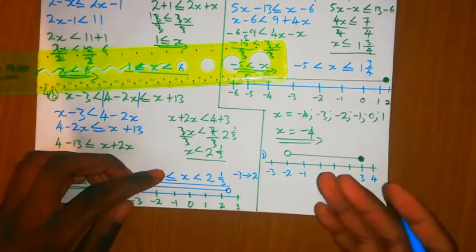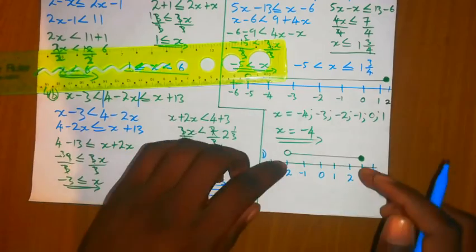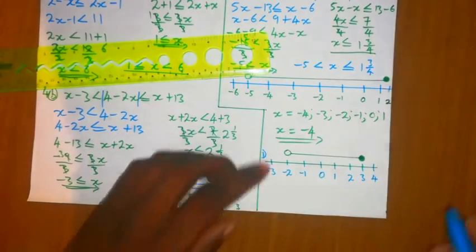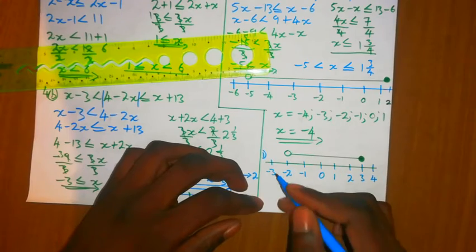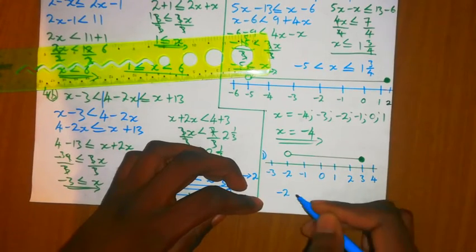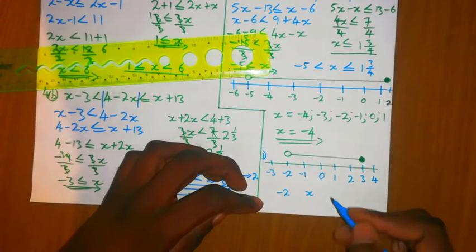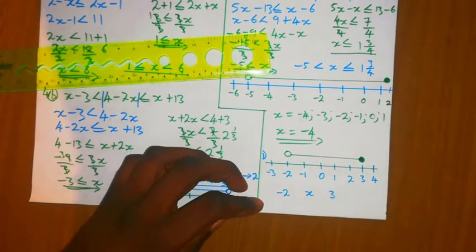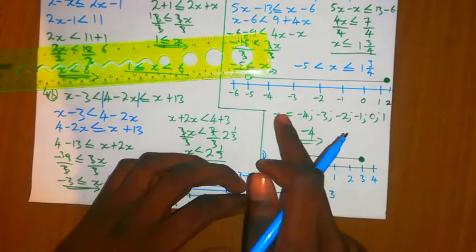So guys, if the question appears like that, then you are required to deduce this. You're going to come here and say this circle corresponds with -2. You leave a gap and put your x there. This circle corresponds with a 3 there.